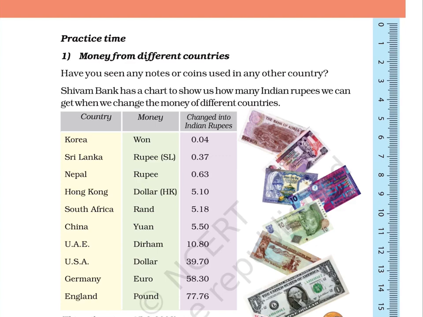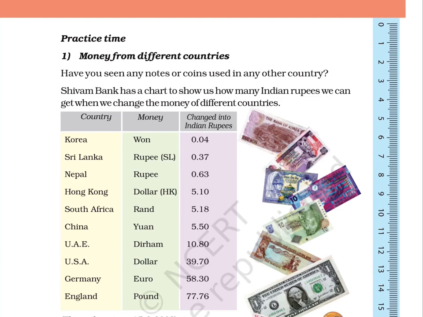Nepal, rupee, 0.63. Hong Kong, dollar or Hong Kong dollar, 5.10. South Africa, rand, 5.18. China, yuan, 5.50.